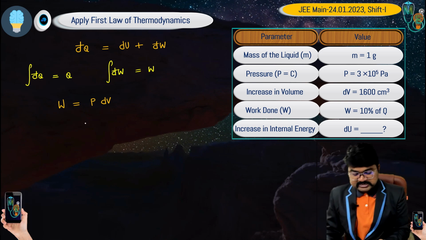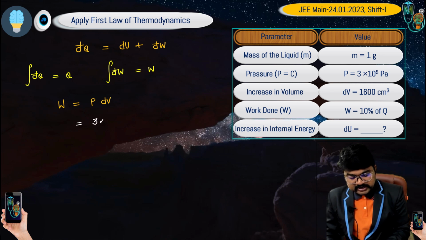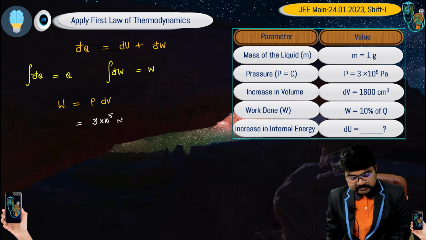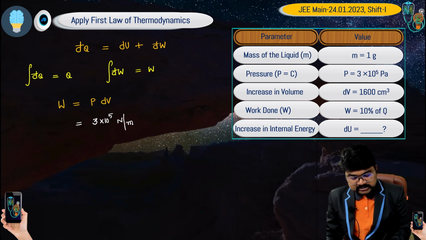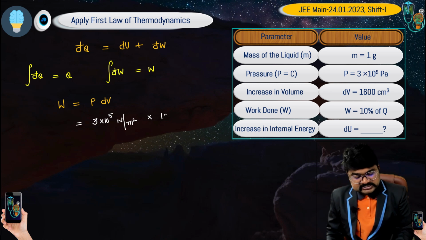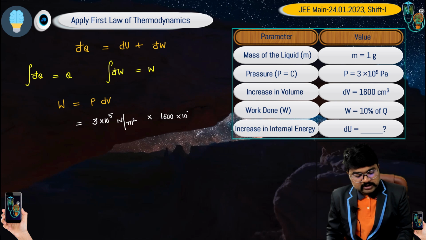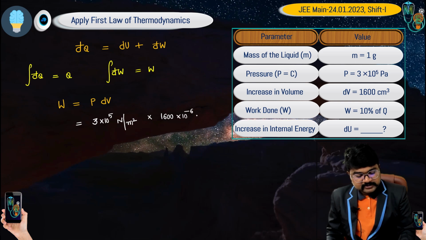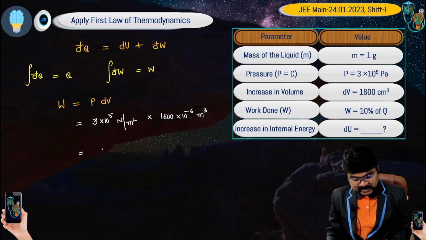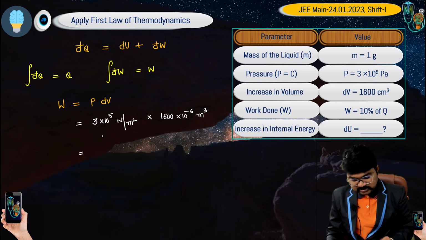What is the pressure here? This is the pressure, 3 into 10 to the power of 5 Pascal, which means Newton per meter square. What is the increase in volume? 1600 into 10 power minus 6 meter cube. Finally, how much is this?